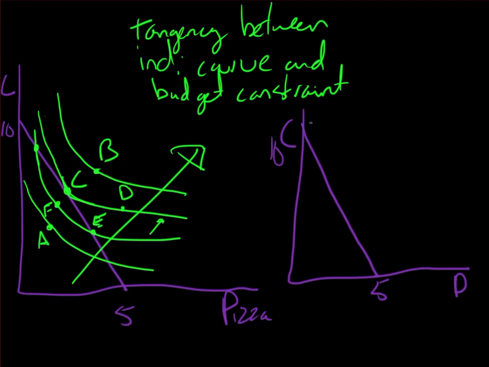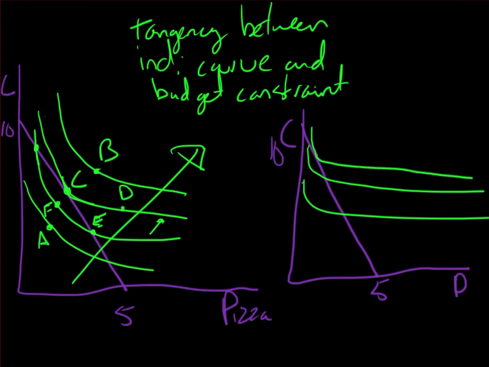Maybe someone else's indifference curves actually look something like this. Okay, this is a little extreme, but something like this. So that in the end, they consume a whole lot more cola and much less pizza than the other person.